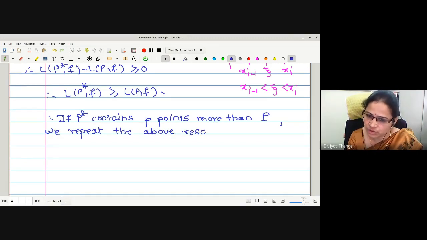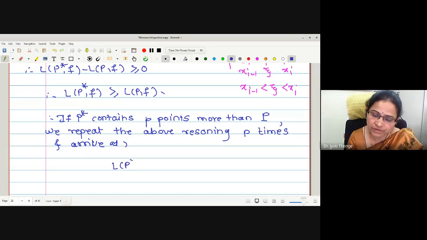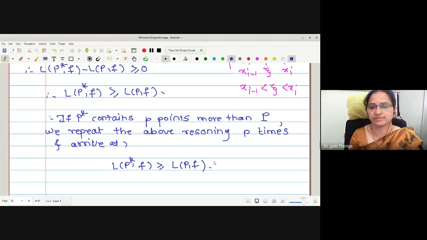How many times I have to repeat? 3 times. And arrive at, where we will arrive again with the same conclusion. Na? LP star is greater equal by LPF. Okay. Any doubt with the proof?